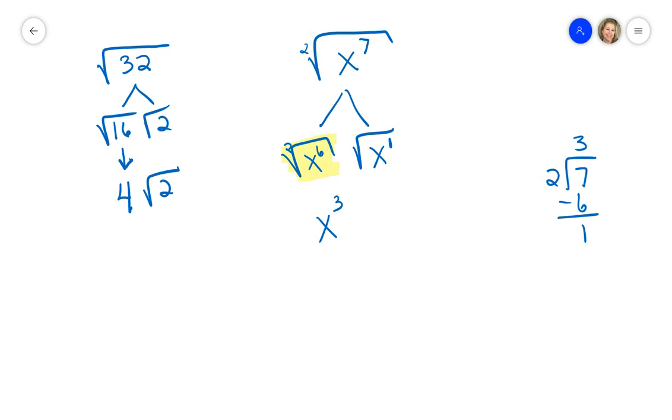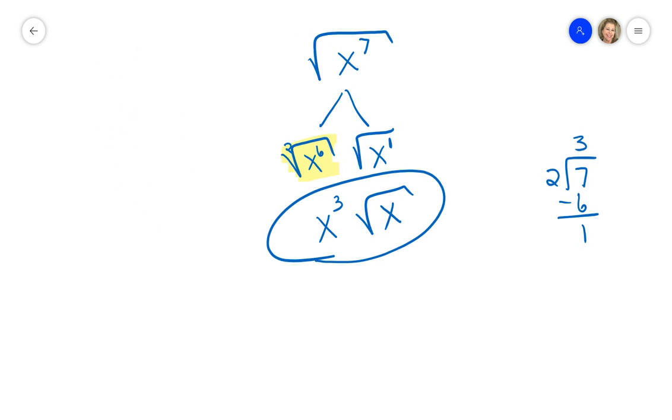The square root of x to the 1st is still just the square root of x to the 1st. I would just not write the 1st because it's really invisible. And that would be breaking down the variable part. So the square root of an x to the 7th becomes an x cubed times the square root of an x.